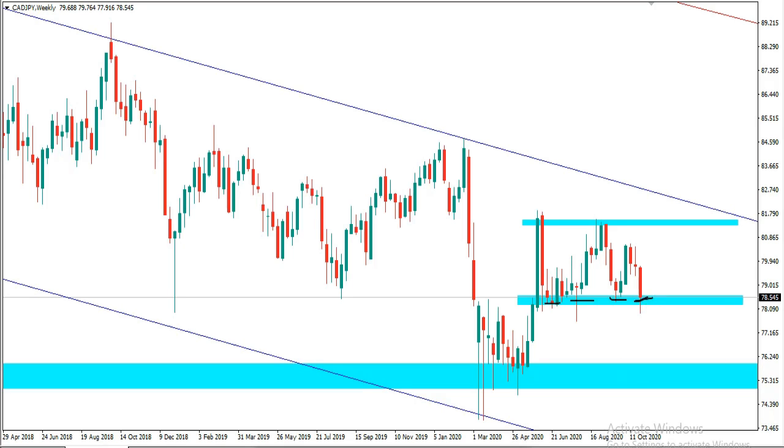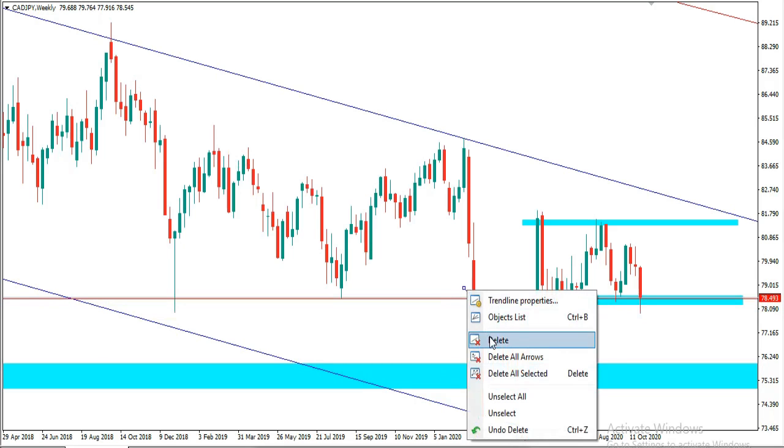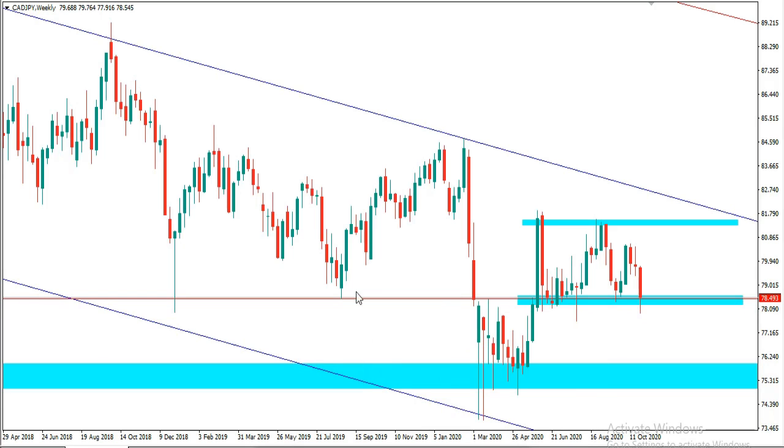As you can see, the week failed to close below that area of structure, and that is actually a very important area of structure in the market, because if I put a horizontal line on that level, we are going to see that that area has held as solid support over the last few years. You can see that we had support back here, we had support back here.